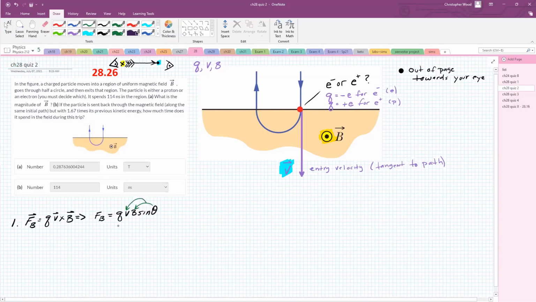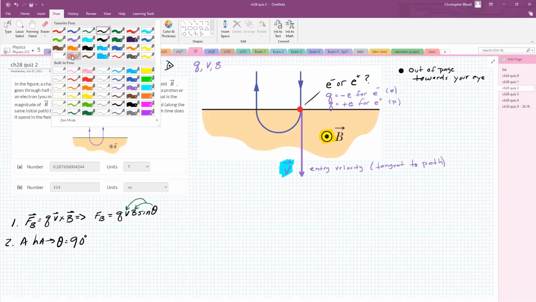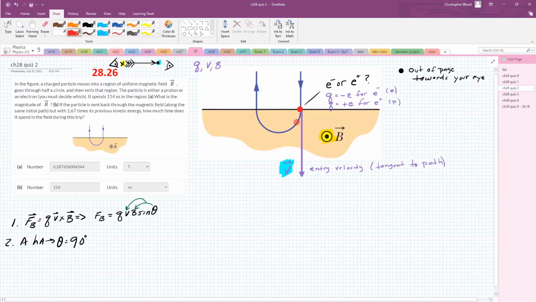Okay. So I can say one thing here. As long as I'm writing that down, I can just say, aha, theta equals 90 degrees, everywhere, no matter where this particle is. Apparently this particle enters the region and then at some later time, my particle's right there.